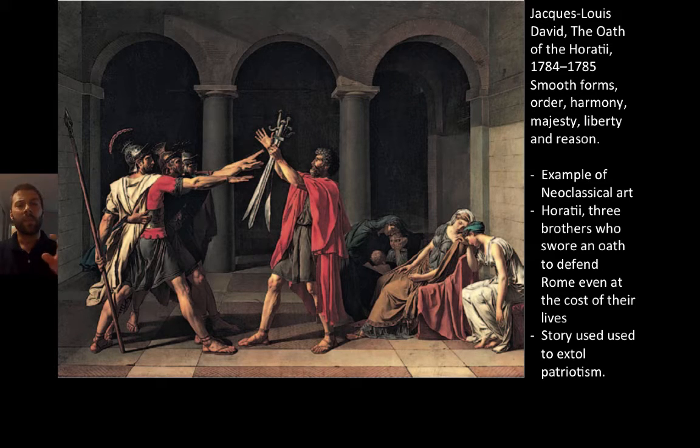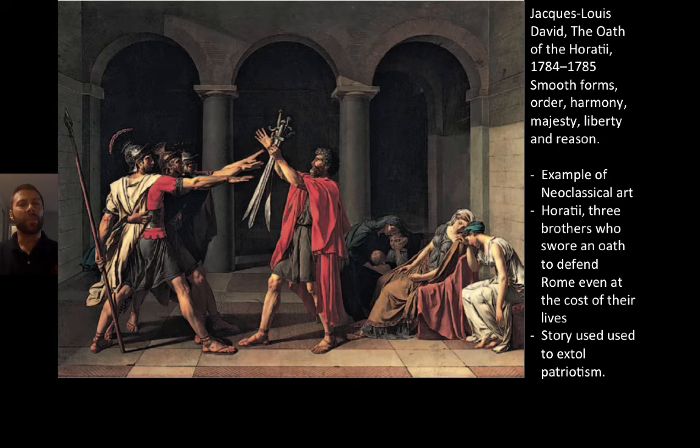Okay, but it's used as a symbol to express certain ideals. Okay, and indeed it's the ideal of liberty and reason. And the Horatii, the three brothers, swore an oath to defend Rome even at the cost of their lives. So the painting is something to do with maintaining one's integrity. Right? Okay.